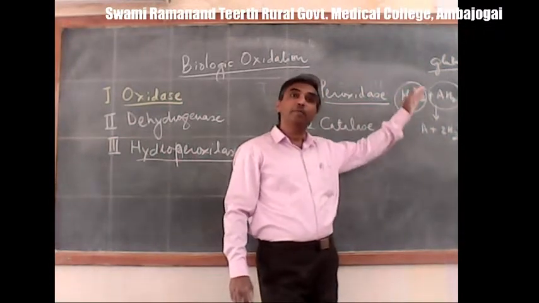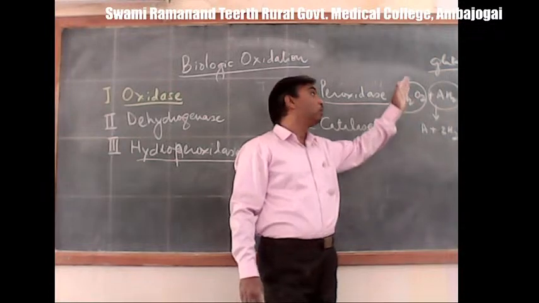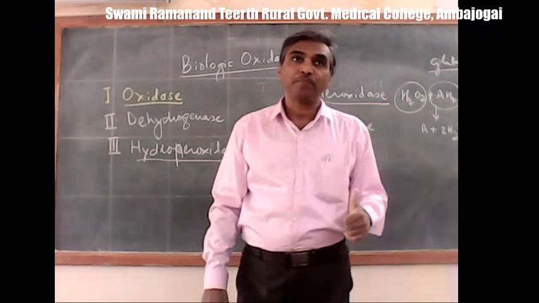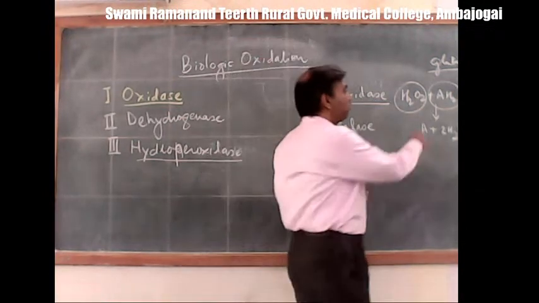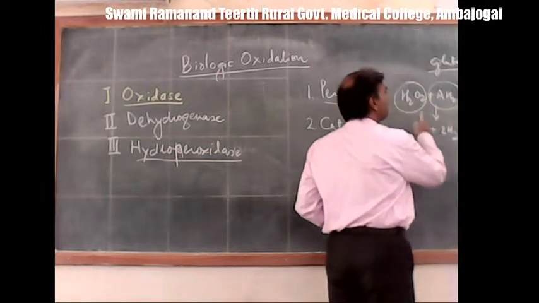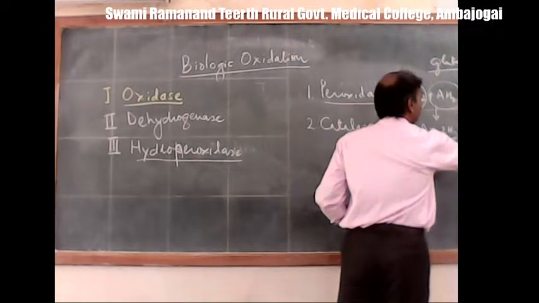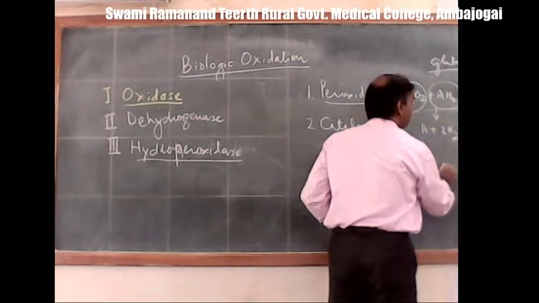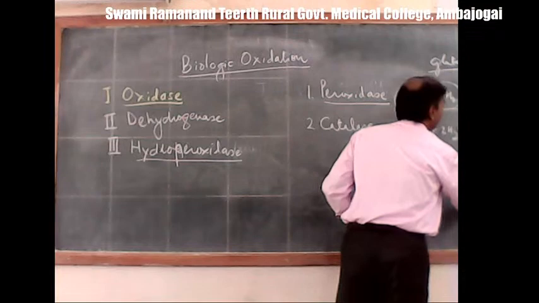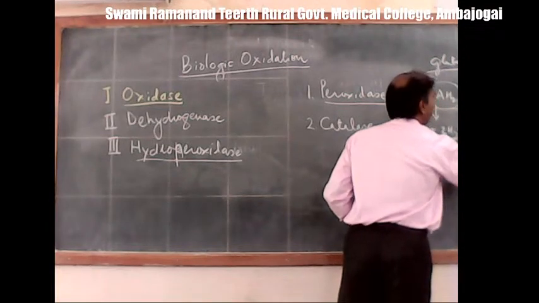Now this glutathione scavenges hydrogen peroxide. That's why this particular enzyme is called glutathione peroxidase, and this is important for RBC. Instead of glutathione you can write 2GSH, and this is converted into GSSG plus H2O. This is glutathione peroxidase.